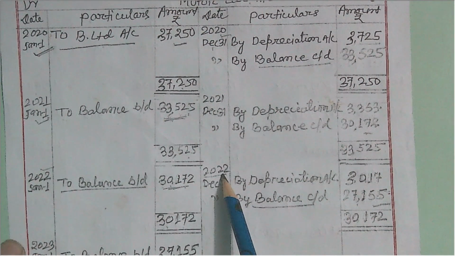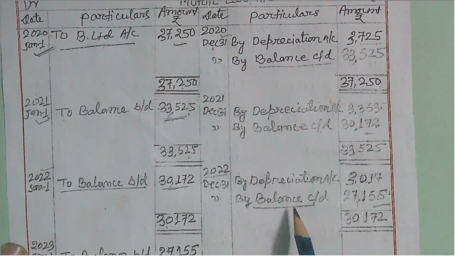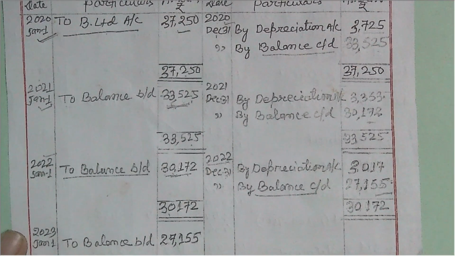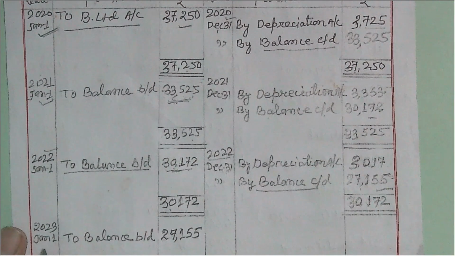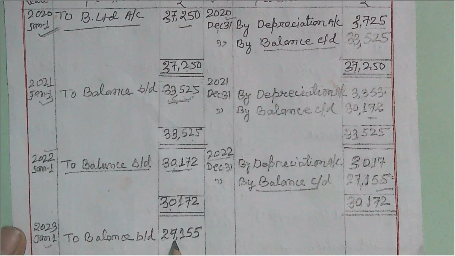Since the installments are payable only in 3 installments, we have to record only 3 years of depreciation in the motor car account. Then just write down the balance brought down, indicating that on 1st January 2023 the balance of the motor car is 27,155.